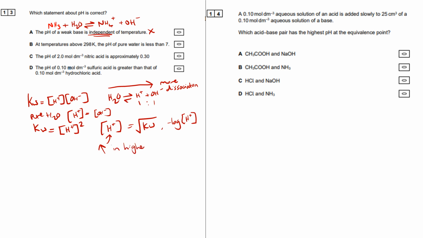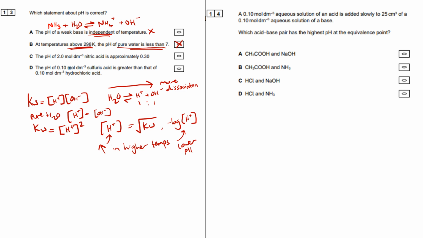So higher hydrogen ion concentration at higher temperatures will result in a lower pH. So at temperatures above 298 Kelvin, when it gets hotter, there's more dissociation, the pH of pure water is indeed less than 7. So statement B is correct.